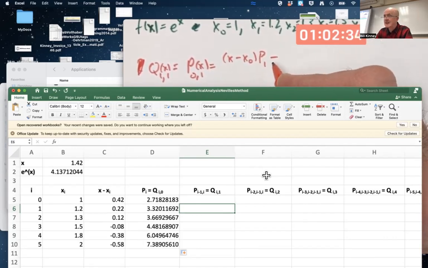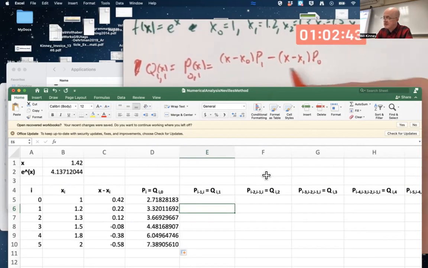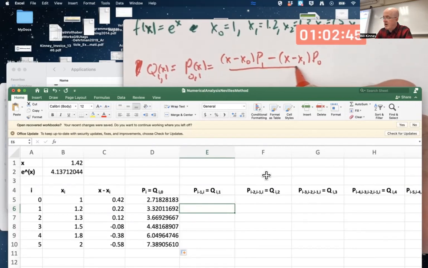They put a plus sign there. It should be a minus. x minus x1 times the value in the table labeled P0, all over x1 minus x0.